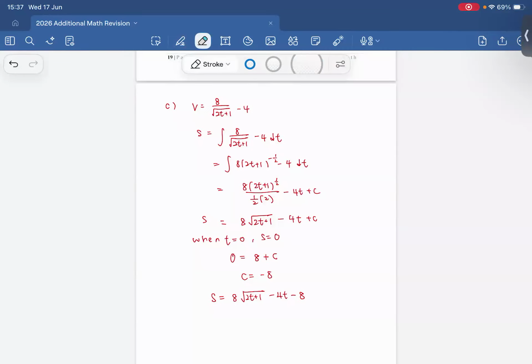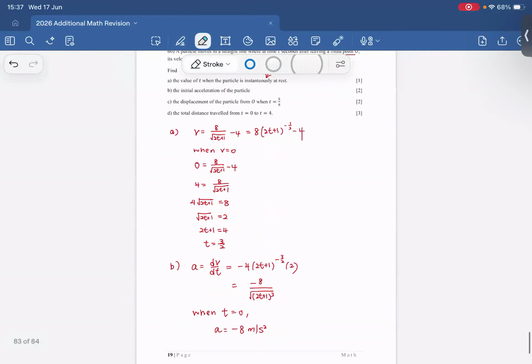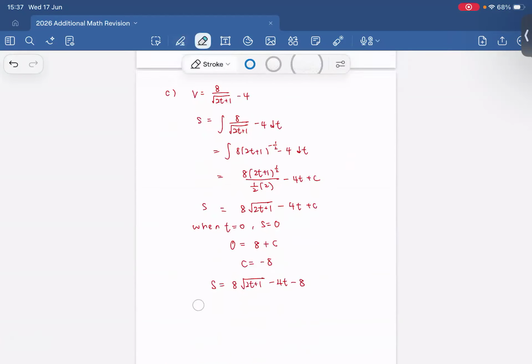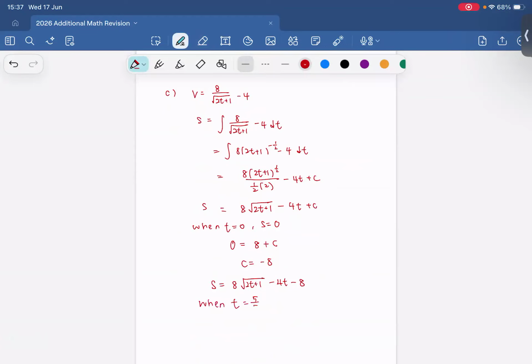Okay, so what did the question ask? Find the displacement when t is 5 over 8. So when t is 5 over 8, s equals to three over 2.